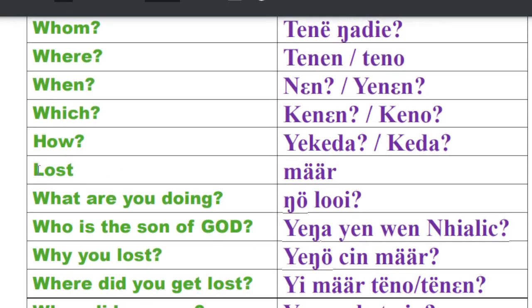The word we have to learn today is loss, to get lost. In Dinka, it is mar. It's spelled ma, a, ra. Mar means to lose. What are you doing?